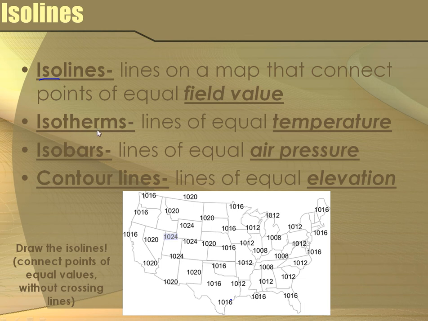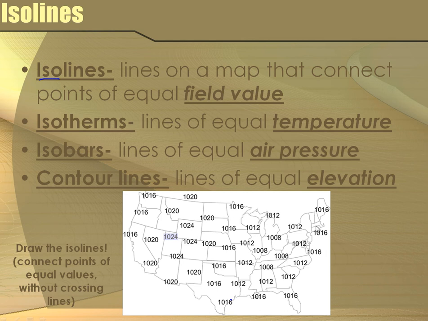An isotherm, therm is another word for heat. So, same heat, it's the same temperature. Isobar, bar is short for barometric pressure, so they're lines of equal air pressure. Contour lines show lines of equal elevation, which is height above sea level.